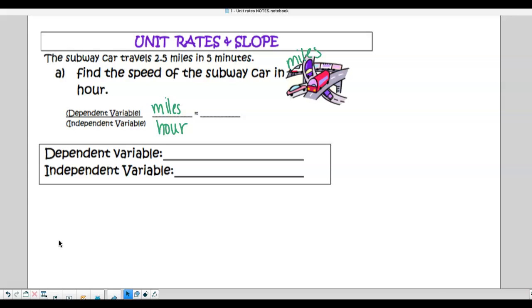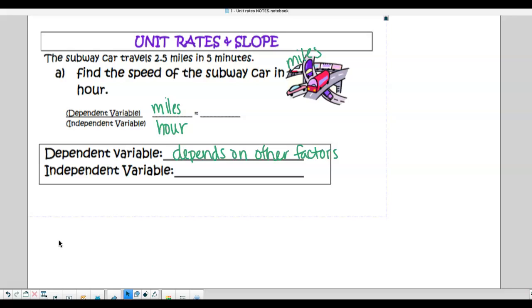What is a dependent variable? Have you talked about dependent variables in science class maybe? No, not at all? Maybe not this year because science changed. A dependent variable just means it depends on other factors. Okay, it depends on other factors.